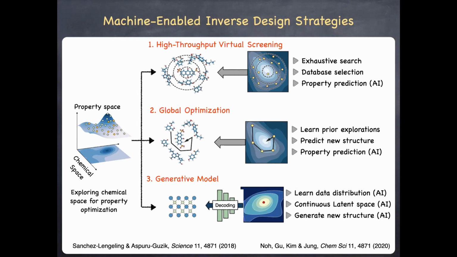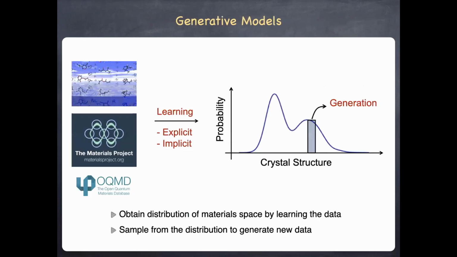And therefore, in generative models, you can sort of explore the space between the 2 existing molecules and materials. You can sort of explore the hidden portion of the space because you can sample from the distribution. And therefore, also in generative models, you can go beyond the existing database. All you do is learn the distribution and then sample.